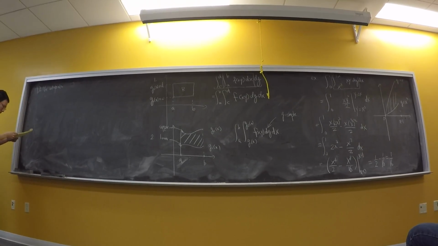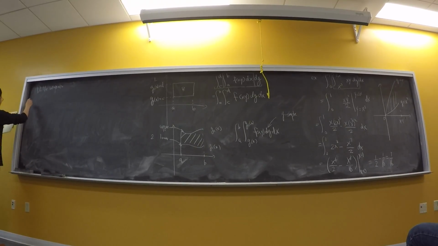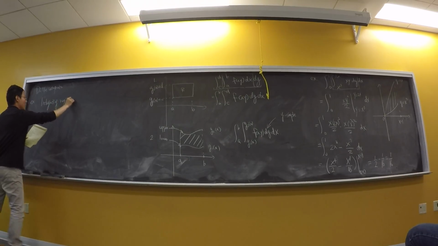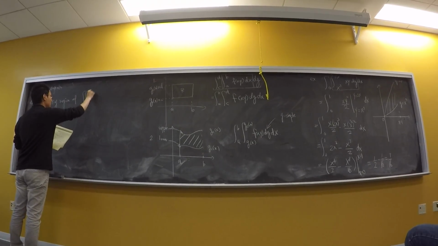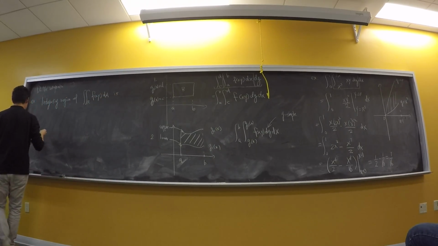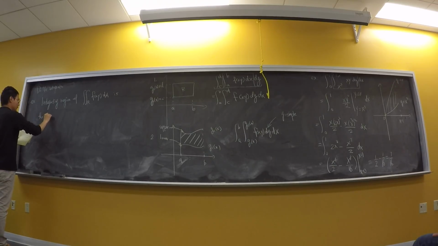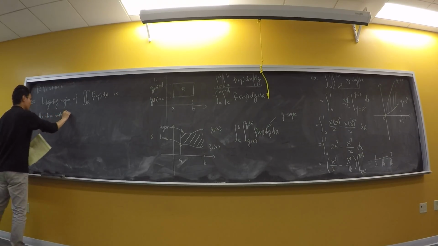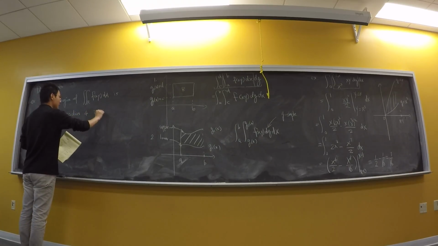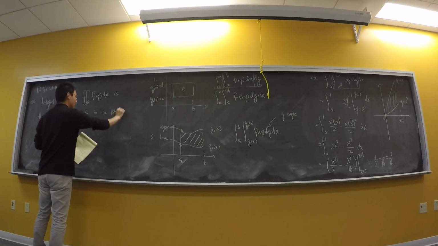For example, I want to simply write down the integration region of D is a disk of radius 4 in the first quadrant.